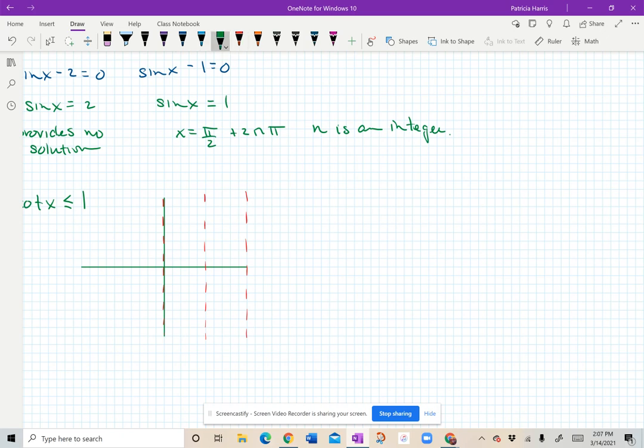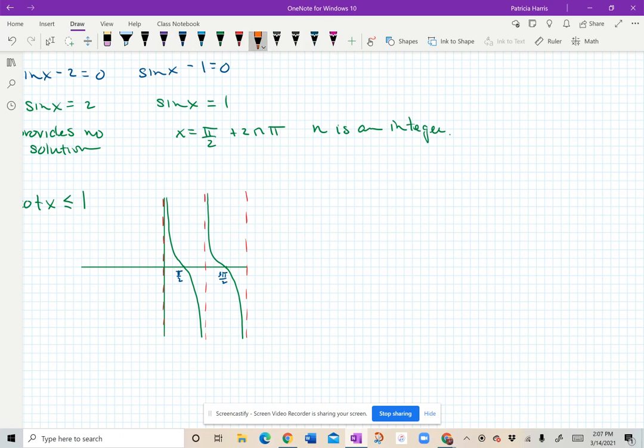Then the curve of cotangent looks like this. Its zeros happen at pi over 2 and 3 pi over 2. So that's actually 2 cycles of cotangent. I want to know where it's less than or equal to 1.